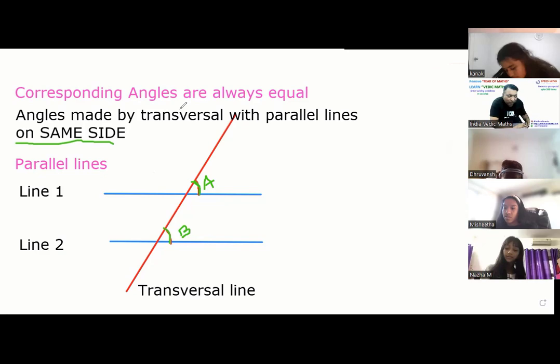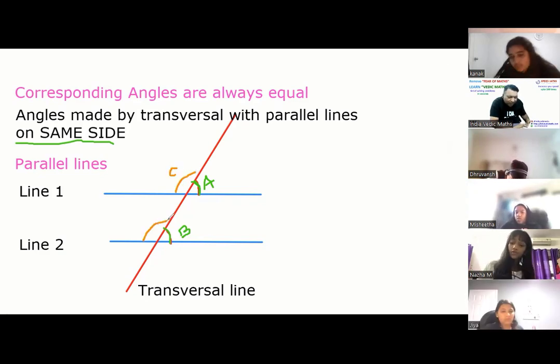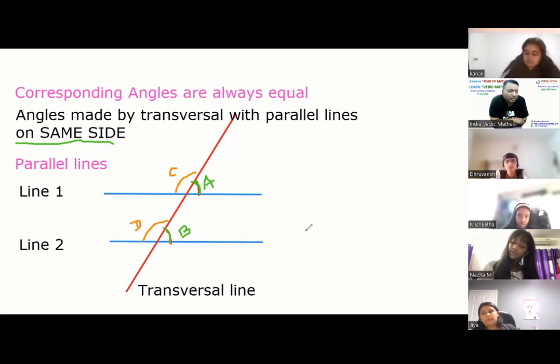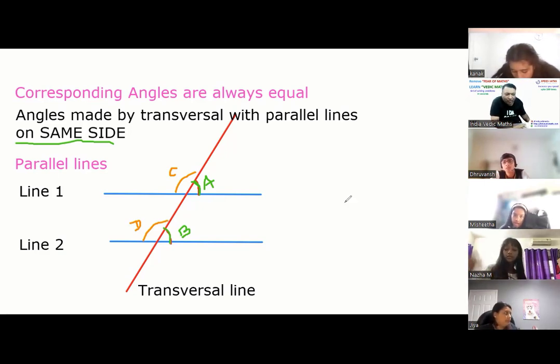Now tell me, if I make another angle in orange, this is my angle C and angle D. Nishita, explain to all of us whether angle C and angle D are corresponding angles or not. If yes, why? If no, then why?